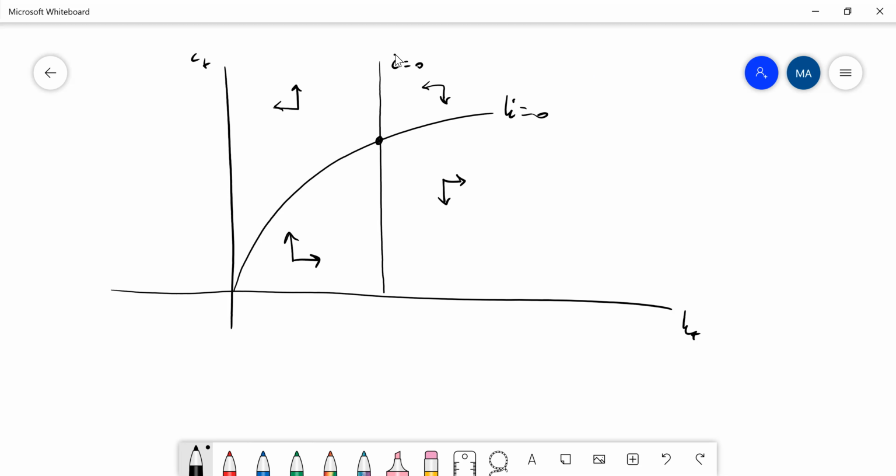And this is your steady state, and then you imagine there is a path going like this, where it is the only route to the steady state.